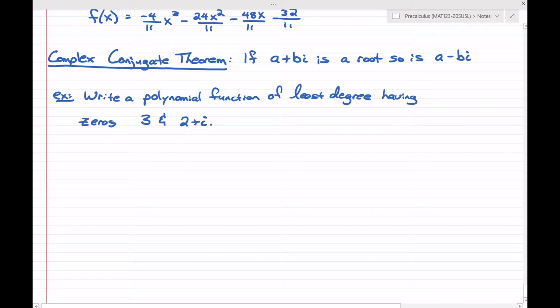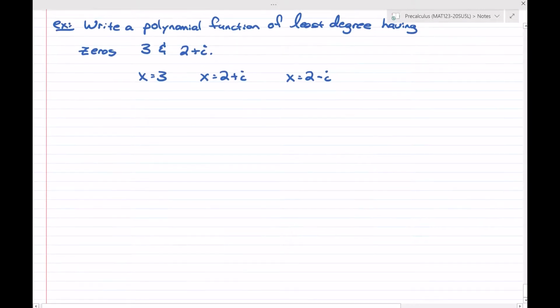So those are two roots, but you're expected to know that if 2 plus i is a root, so is 2 minus i. And the way we're going to get our polynomial is just like in the last problem. We're going to turn these roots into factors by bringing them on the other side of the equal sign.